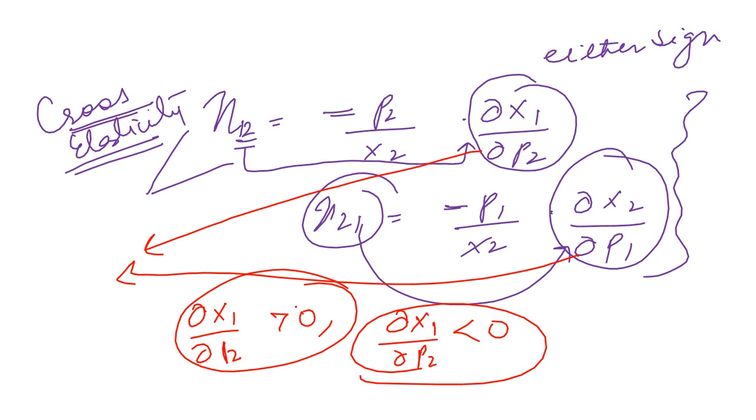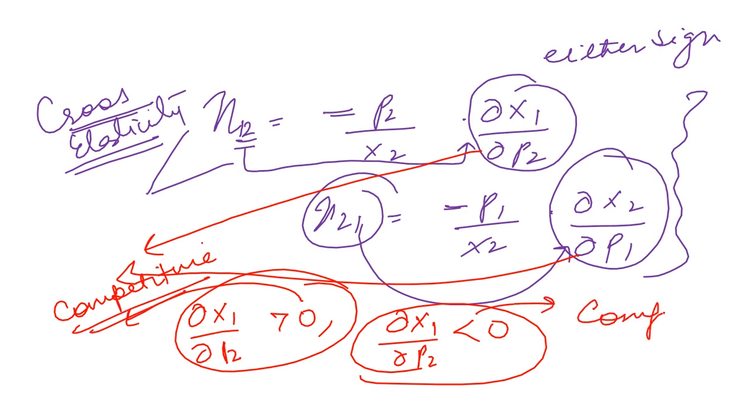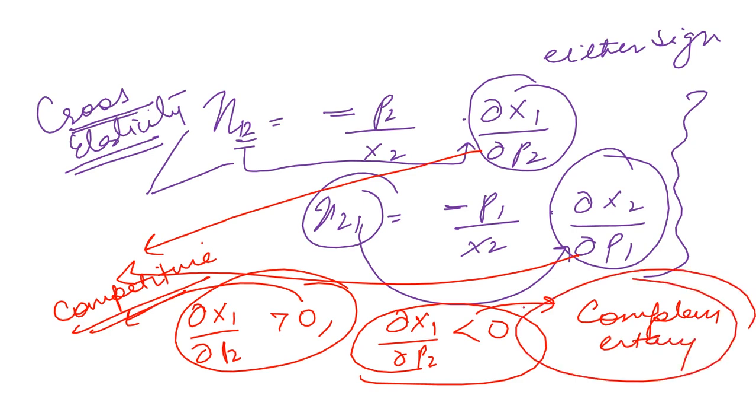If this is greater than 0, I say that the goods are competitive. And if this is less than 0, we say that the goods are complementary. So this is the competitive and this is the complementary case.